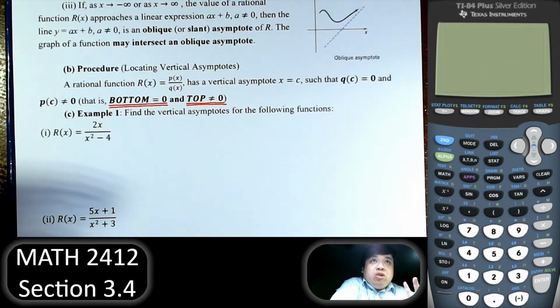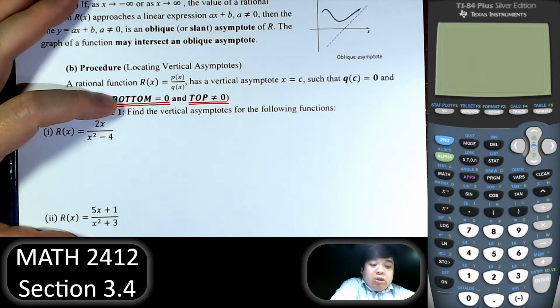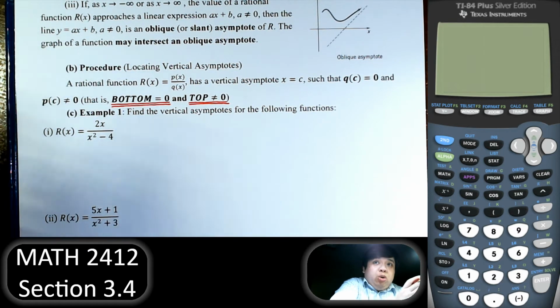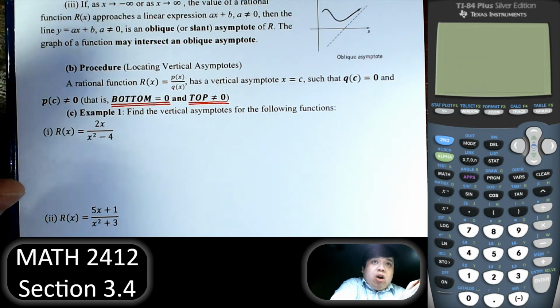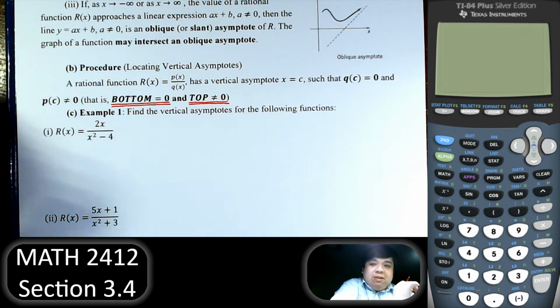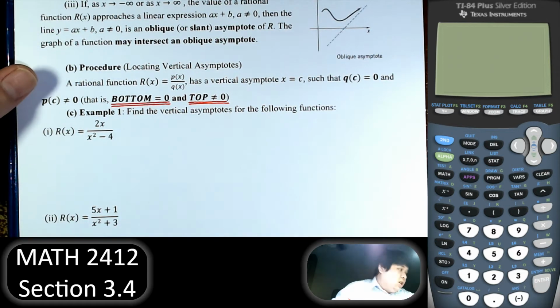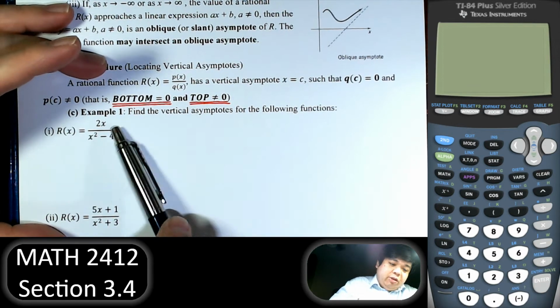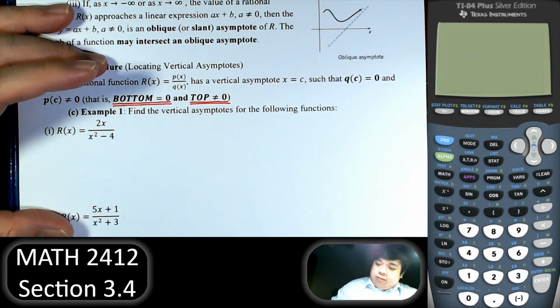So we need two things to happen: the bottom equal to 0 and the top not. The bottom equals 0, so the function is undefined, and the top does not equal 0, so we will not have a hole, which we define later. Right, so just find the vertical asymptote for this one.